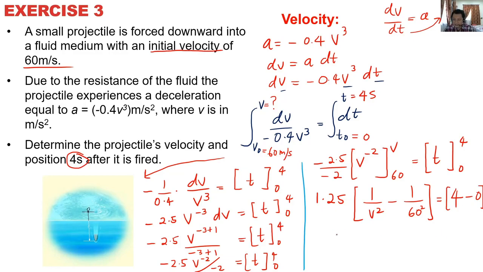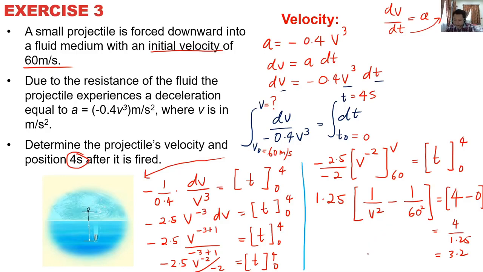So let's solve this. 4 divided by 1.25 is 3.2. I think this one is eliminated; it becomes too small.